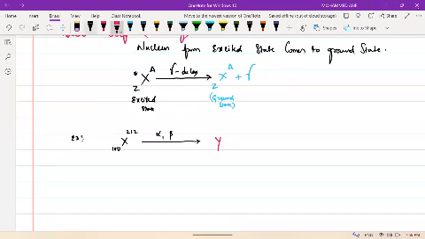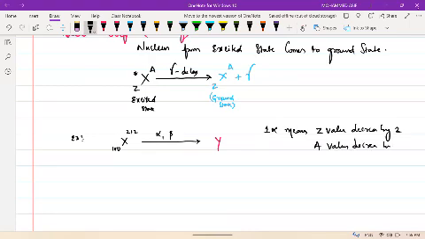1 alpha means what? You tell me. 1 alpha means Z value decreases by how much? 2. And A value decreases by how much? 4. Am I clear?